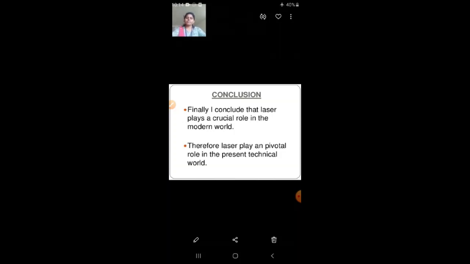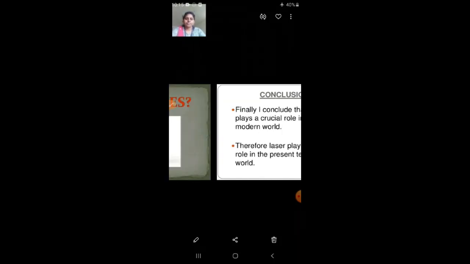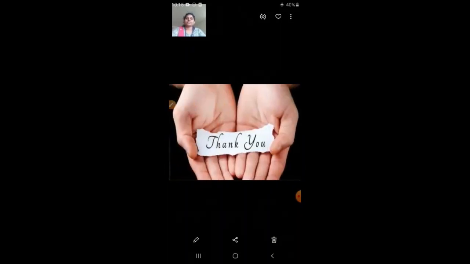Lasers are very useful to us nowadays, but at the same time they are a little bit dangerous, so we have to use them properly. So this is the laser system. Finally, laser means light amplification by stimulated emission of radiation. Any queries? Thank you.